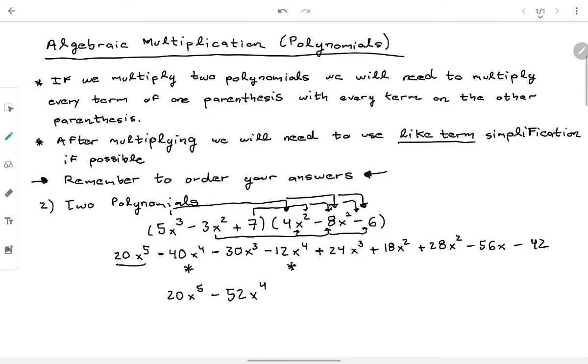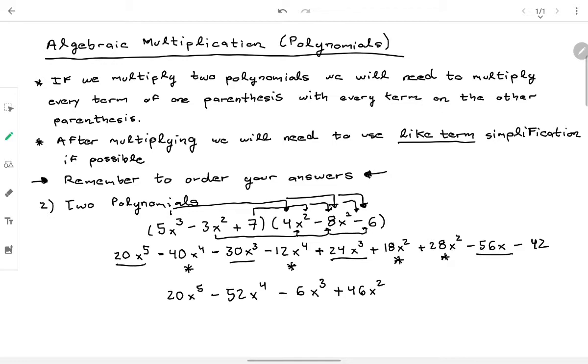The next one will be x cubed. Minus 30 plus 24, it's going to be minus 6x cubed. Then we are going to do the same with x squared. In this case, 18 plus 28, it's going to be 46x squared, positive one.